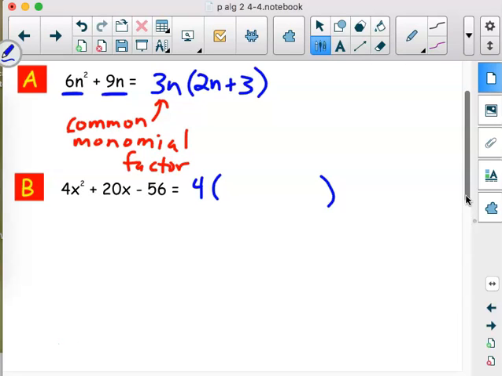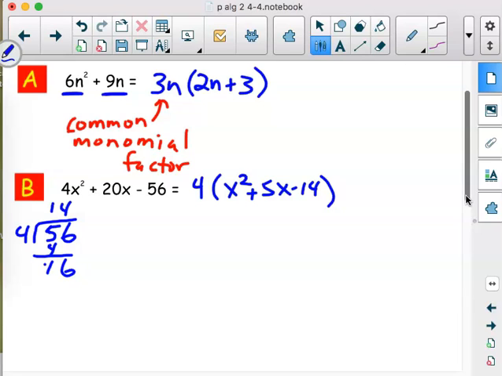So 4x squared divided by 4 would be x squared. 20 divided by 4 is 5. And then, you'll probably have to think about it for a second. Let me write it down so everybody can see. 4 goes into 5 once. You do your subtraction and you get 16. So 4 and 14. And it looks like so.